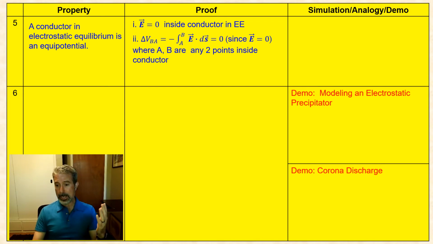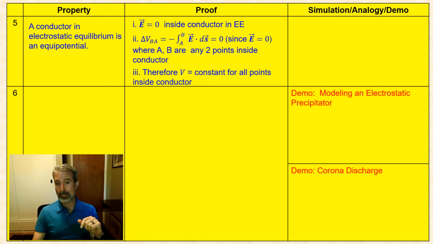Which means that all points inside the conductor are at the same electric potential, so it's an equipotential surface. So there is property 5.